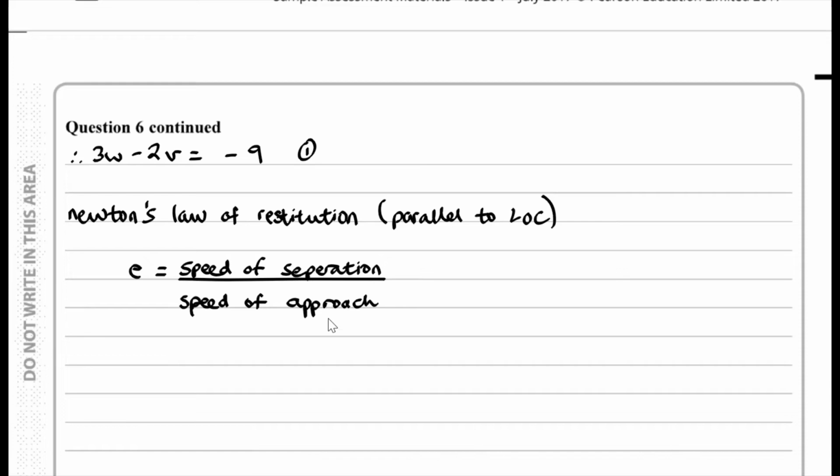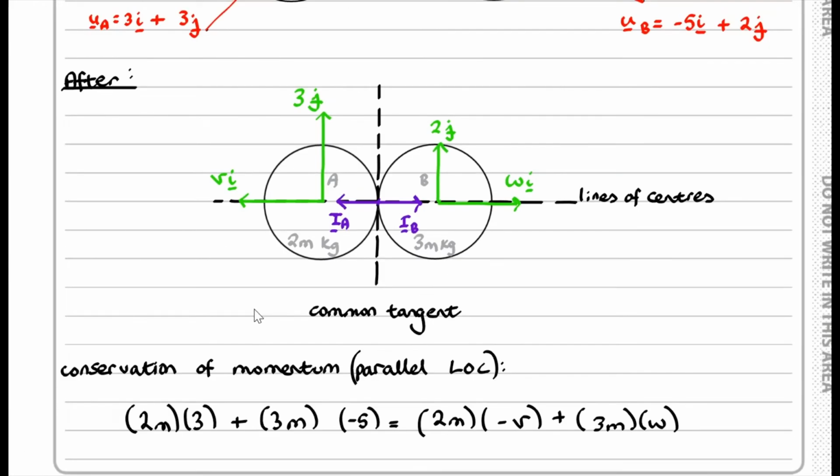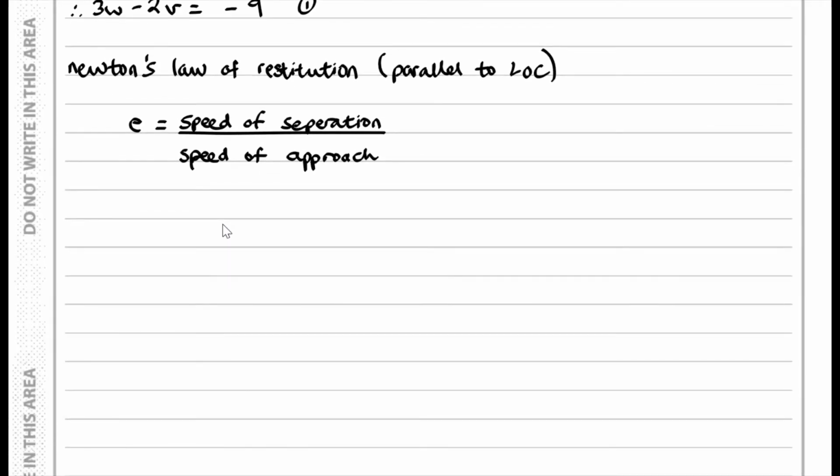And therefore the speed of separation, if we take a look over here, because they're going in opposite directions, we've got w minus minus v, which is w plus v.